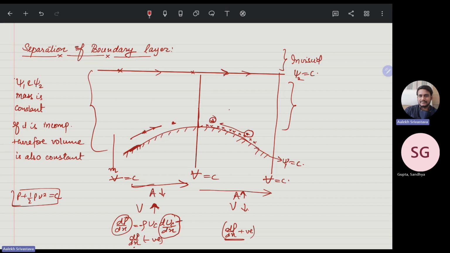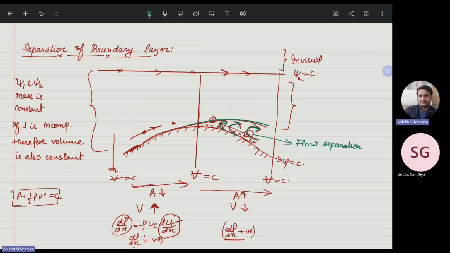And now the flow will initiate in this direction, and you will see that your boundary layer goes like this, but here you have a flow reversal, and this is the formation of eddies, because here you have a pressure gradient in this direction, and here we have a velocity in this direction. So it will form vortices, and this is called flow separation.